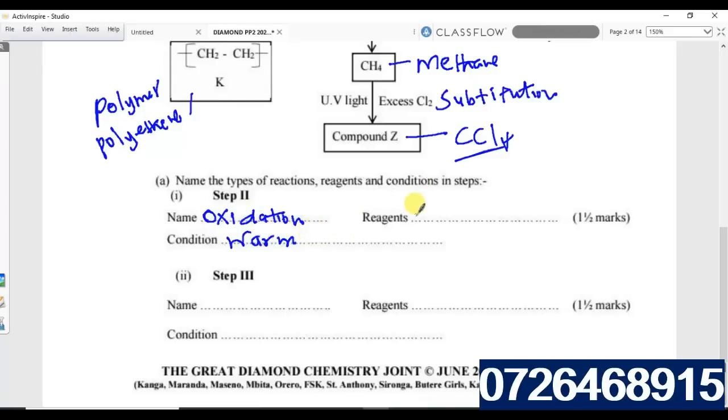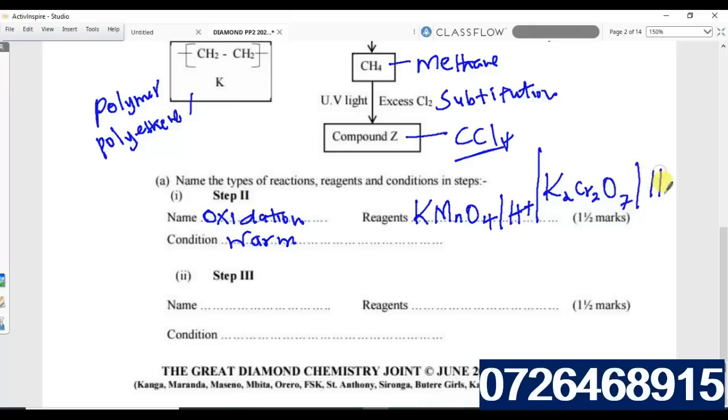The reagents you can use are acidified potassium permanganate, or acidified potassium dichromate. Any of these can work.